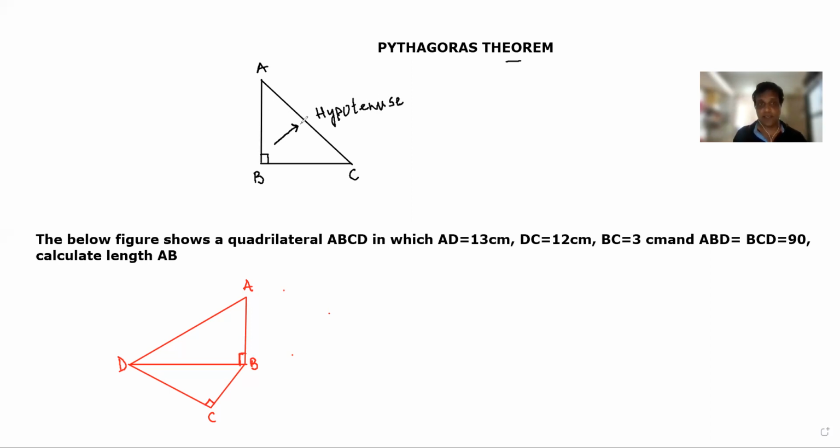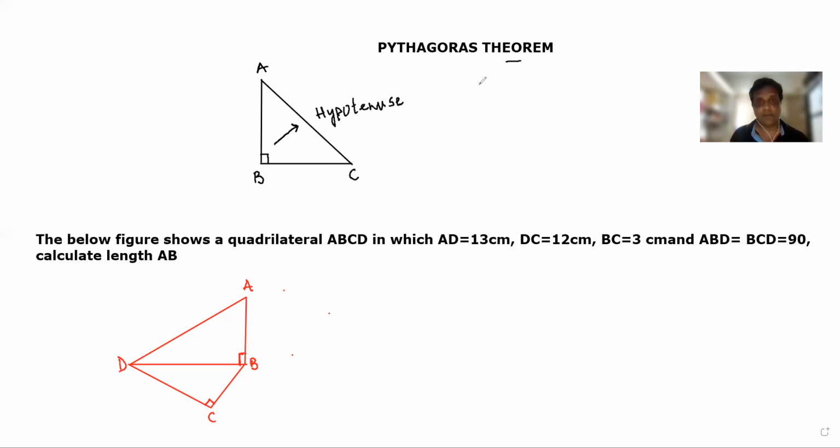Just remember this. This slanting line is called the hypotenuse, and it is very interesting to note that the hypotenuse is the largest side among all three sides. So if there is a right angle triangle, the slanting side or the hypotenuse side is the largest side of the triangle.